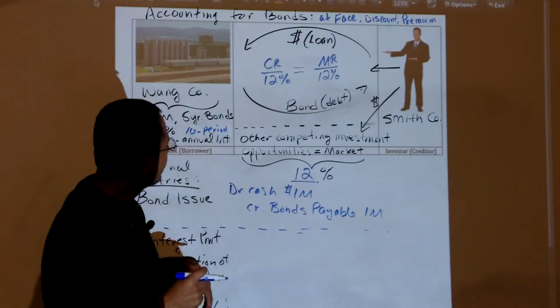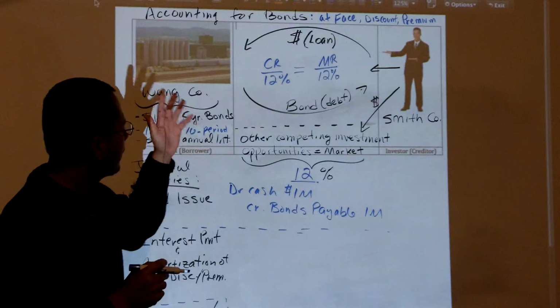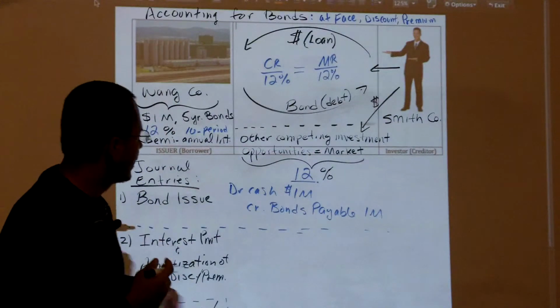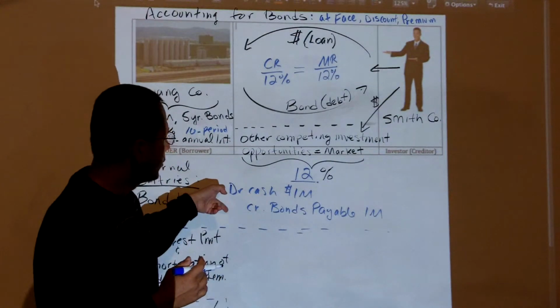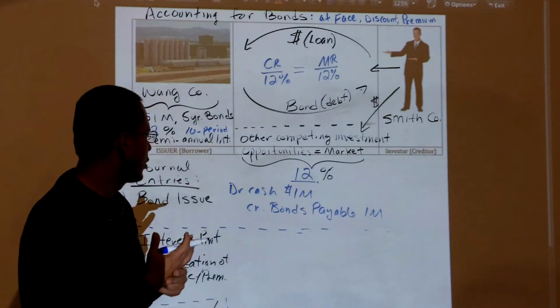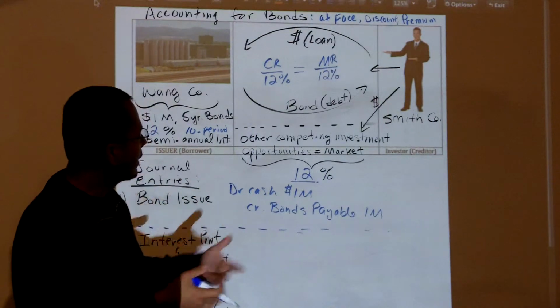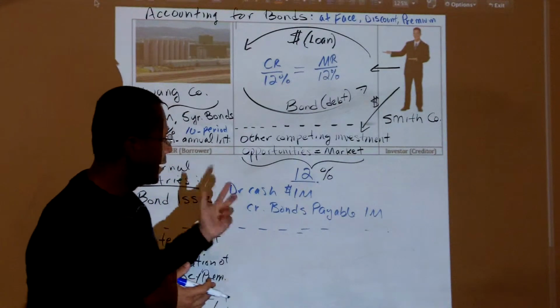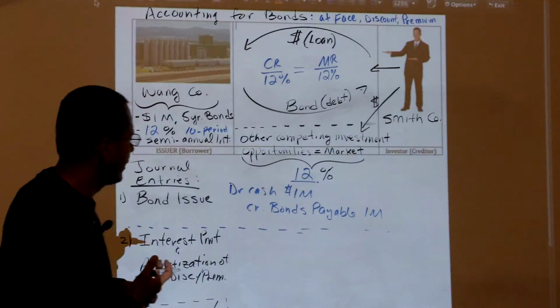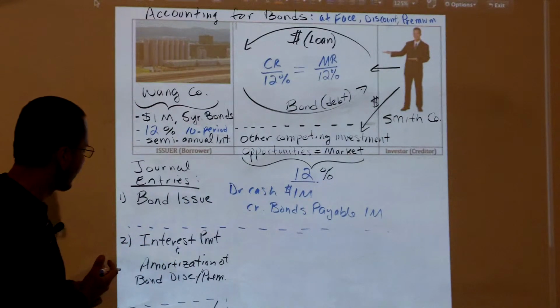And since again there's no difference between the market rate and the contract rate, there's no need to do anything else. We're done with the issuance here. Had there been a discount or a premium, there would be another entry here, another debit or a credit, and we'll see that in the follow-up example.